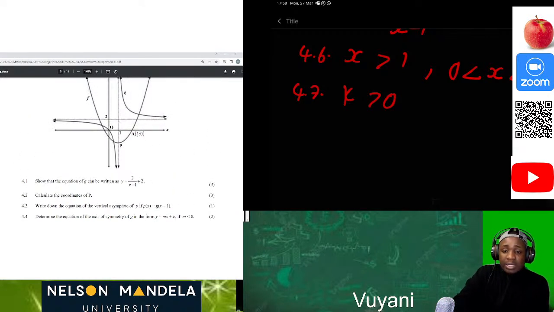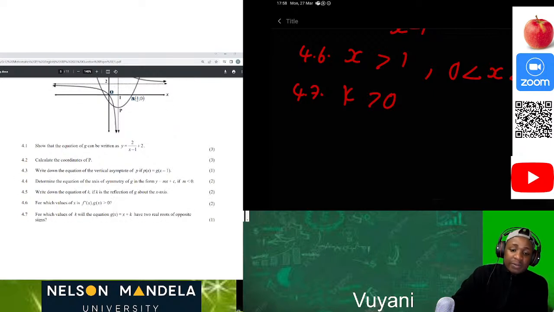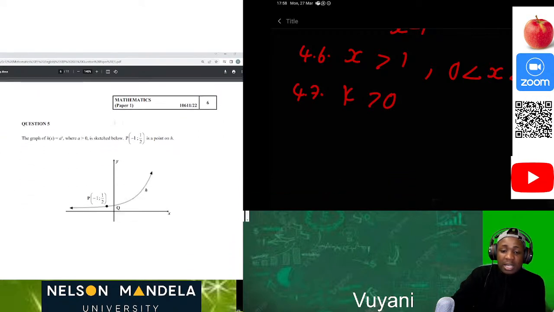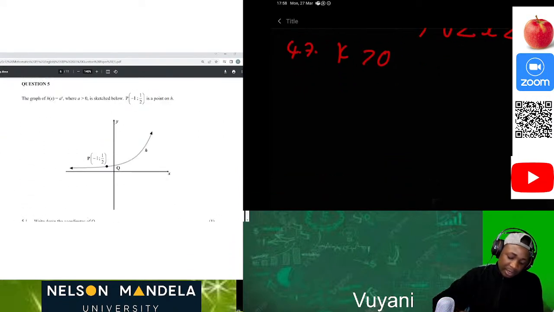Starting from here, going this direction, we have two roots of opposite signs. We have two here, and we also have two here, which are below, which are negative. So this is also easy and straightforward.